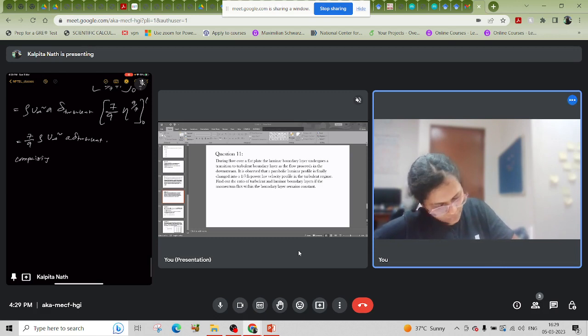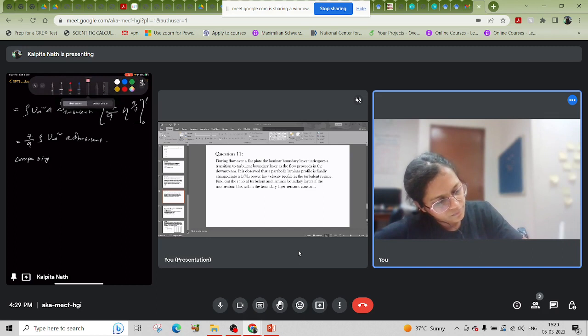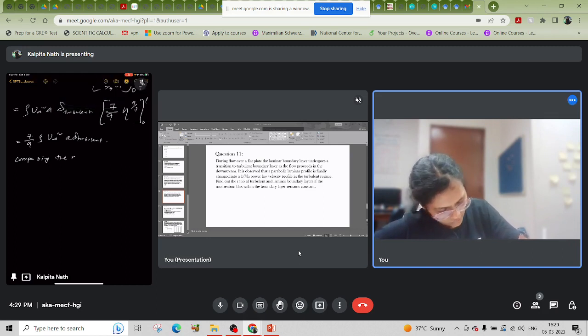Comparing the momentum fluxes, A laminar is equal to A turbulent.